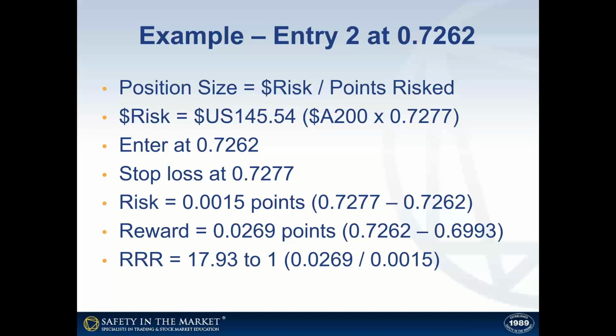So with price forecasting, the closer you can get to the turn, the smaller your risk, and then the higher your reward to risk on the trade. And as I'm sure you can appreciate there, that is a 17.9 to 1 reward to risk ratio in a week's worth of trading. And that is the sort of trade that you should be looking for.